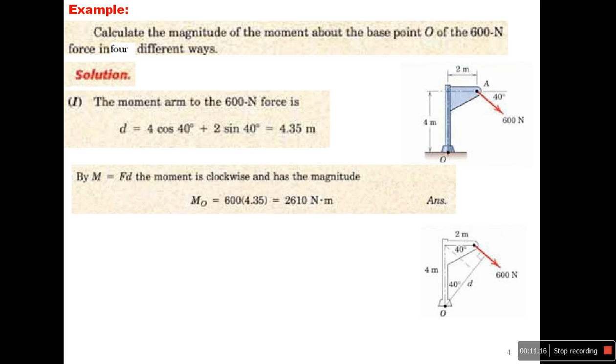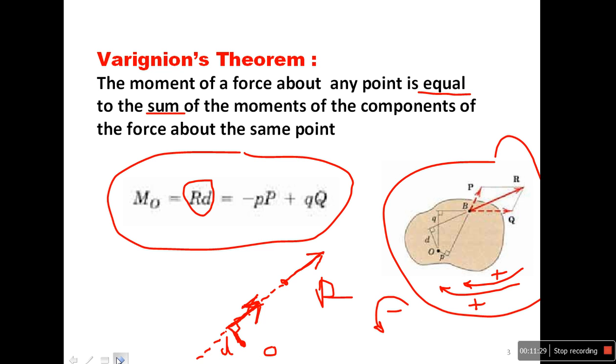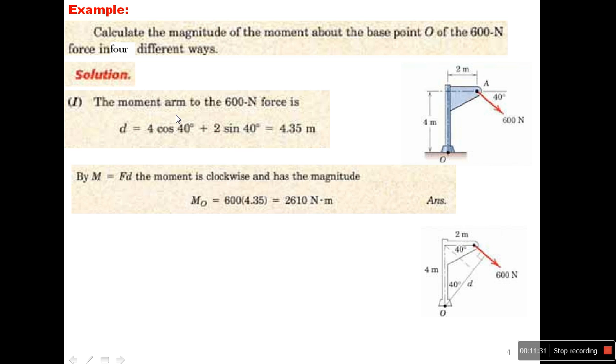So I want to calculate the moment of force 600 Newton about O in four different ways. Solution.